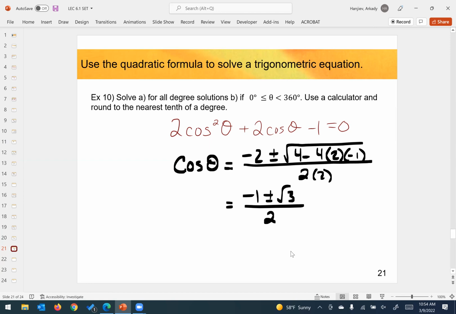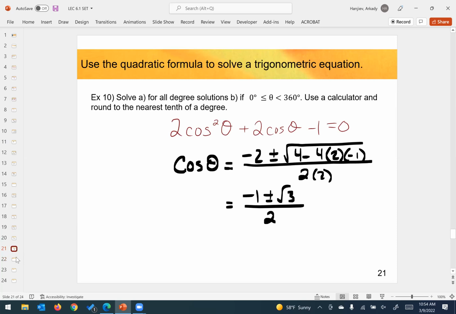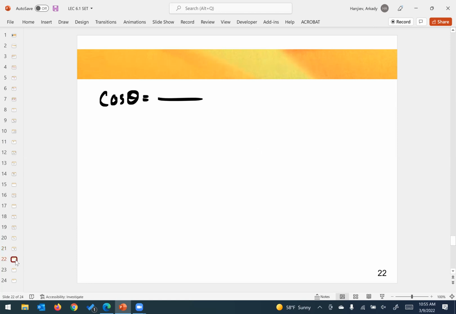Okay, 7 minutes left here. Let's see if we can put this together. So I'm going to write the two problems here. You know how we split off the previous problem into two different groups that equal 0, right? Well, we do the same thing here. So we got a cosine of -1 plus √3/2, and I'm going to have a cosine of -1 minus √3/2.